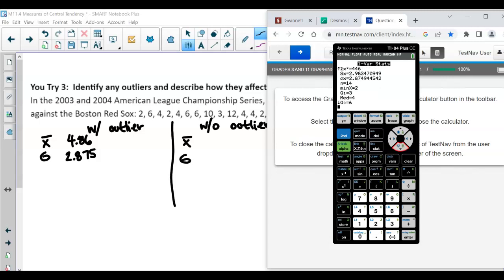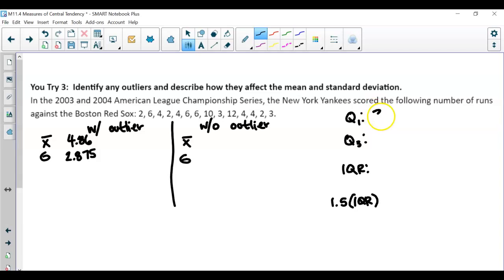So here, quartile 1 was 3, quartile 3 is 6. So 3 and 6, which means the interquartile range is 3, from 6 minus 3. Then that means now you had to multiply 1.5 by the IQR, which was 3, making this value 4.5.